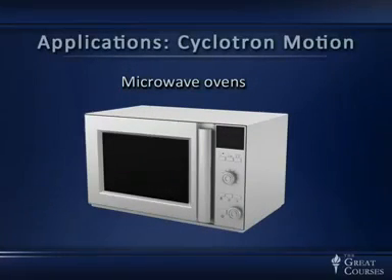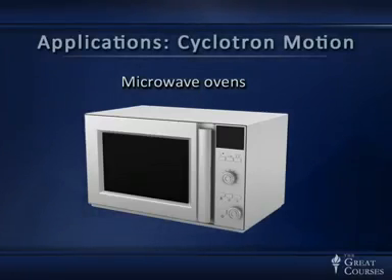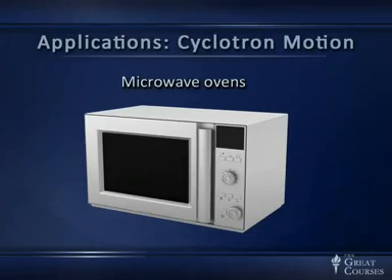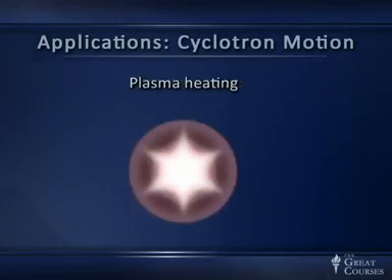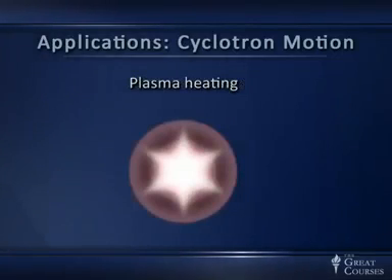In your microwave oven, there's a special tube called a magnetron that has permanent magnets, and electrons spiral around in the magnetic field of that magnet, and they generate the microwaves that then cook your food. We use cyclotron motion to heat plasmas when we're trying to make fusion happen here on Earth.